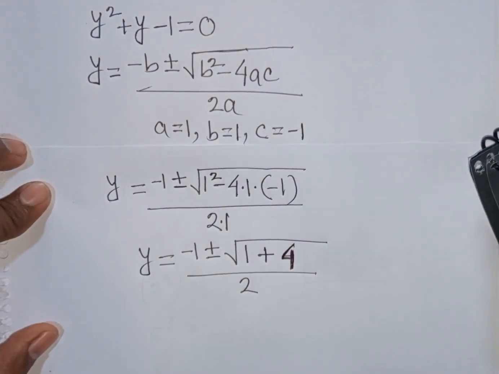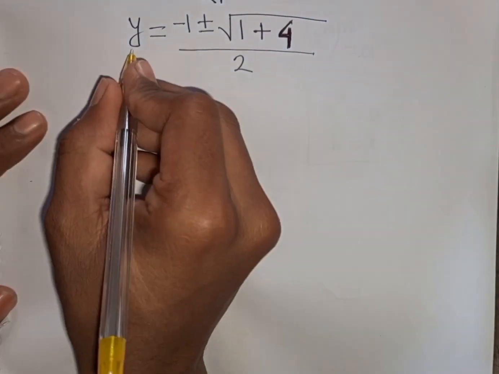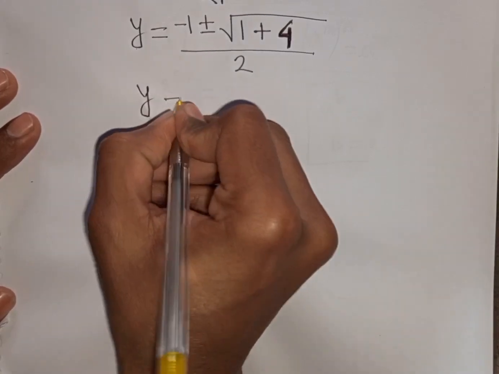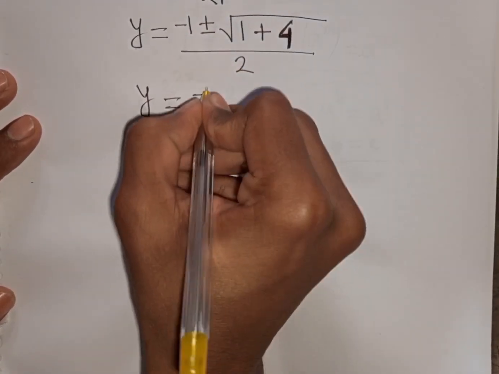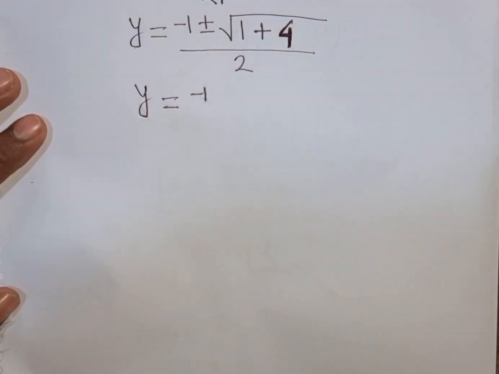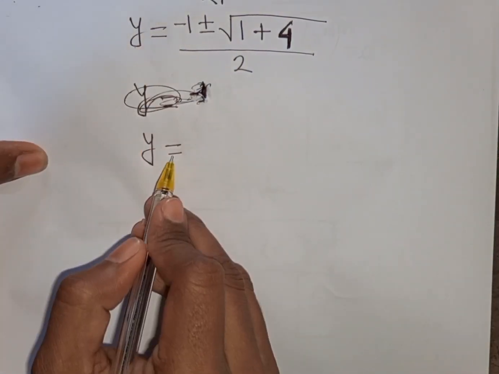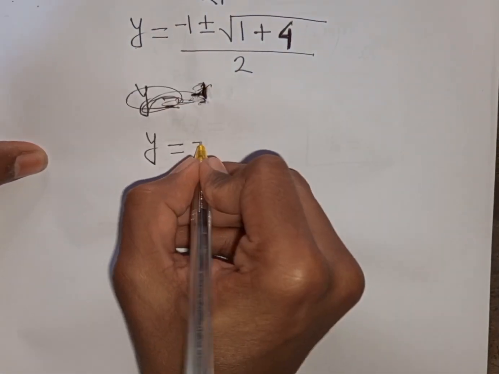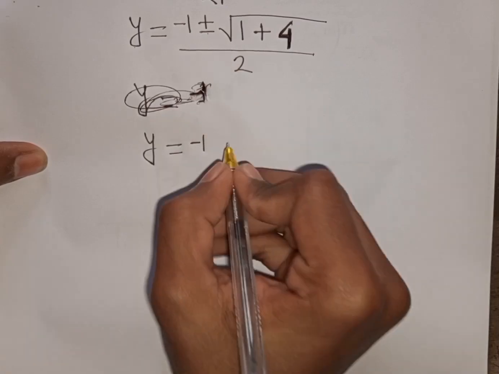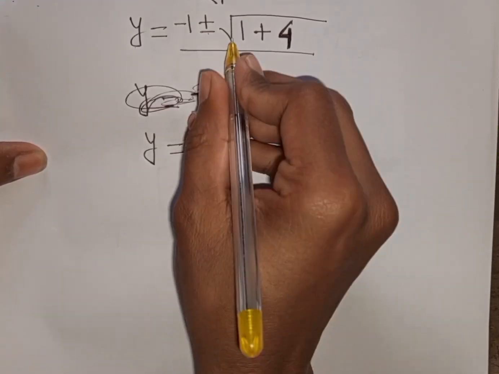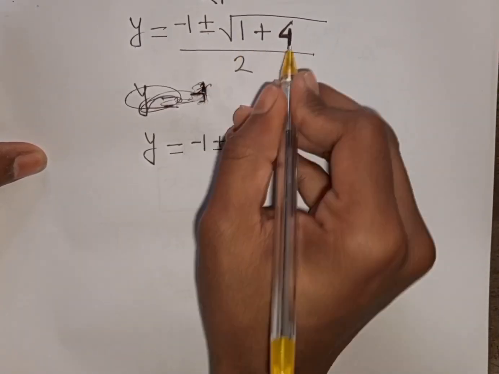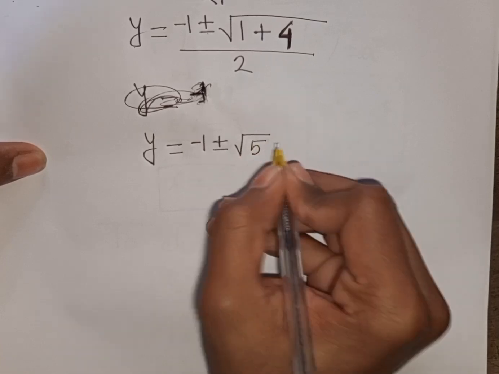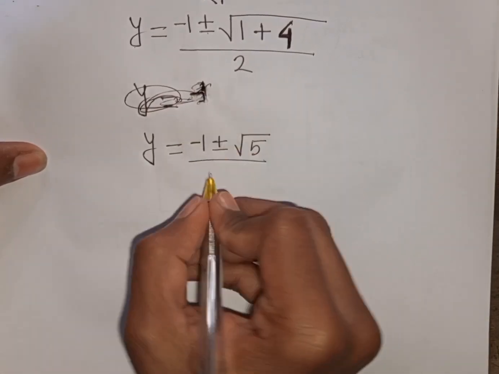Now we can write here y is equal to minus 1 plus or minus a square root of 1 plus 4, that means it will be 5, then divided by 2.